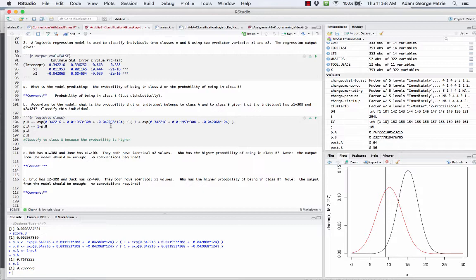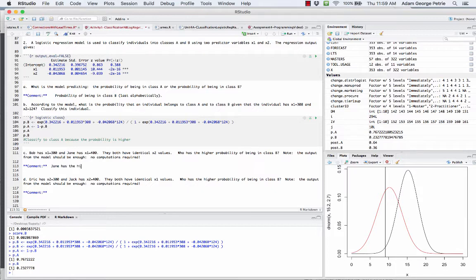So we can look at the signs of the coefficients of our model to make this decision here. So we look at the coefficient of x1, and it's positive. So what that tells us is that among otherwise identical individuals, with regards to the other predictors in the model, in other words, identical values of x2, the one with the larger value of x1 is going to have the larger probability of having that level of interest, the one that comes last alphabetically, which is class B in this case.